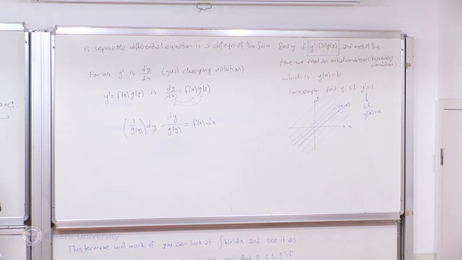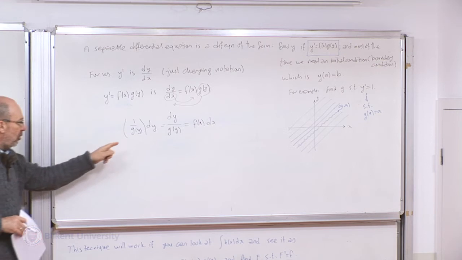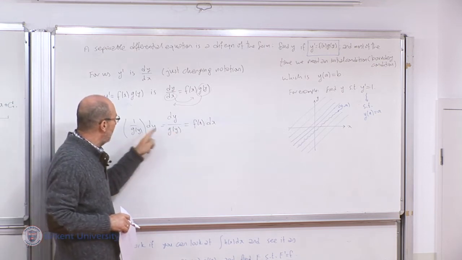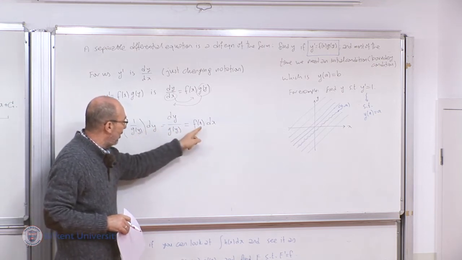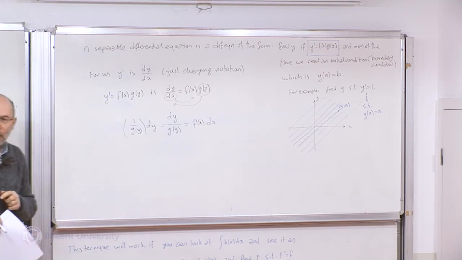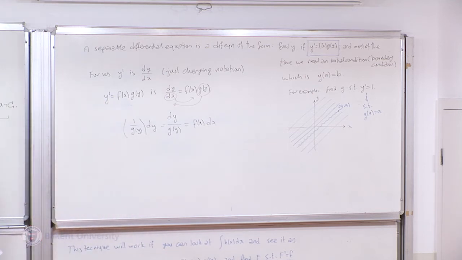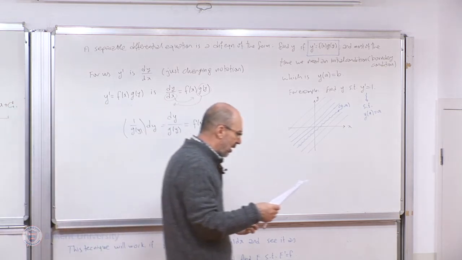At least I found a way of directly dealing with y instead of dealing with the derivative of y. This technique is called the separable equations technique. Of course, the functions you get here, 1 over g and f of x, may be difficult. We may not be able to explicitly integrate them, but at least we have made some progress. Okay, so let's do some examples.